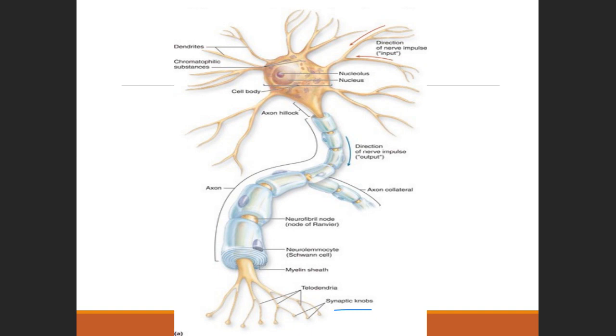Regardless of what we call those, and I'll usually refer to them as axon terminals, those are areas of the neuron that contain neurotransmitters. A neurotransmitter is a chemical messenger, and we're going to rely on those neurotransmitters to communicate with other neurons or communicate with end organs like the heart, the pancreas, blood vessels, the diaphragm, whatever the case may be.